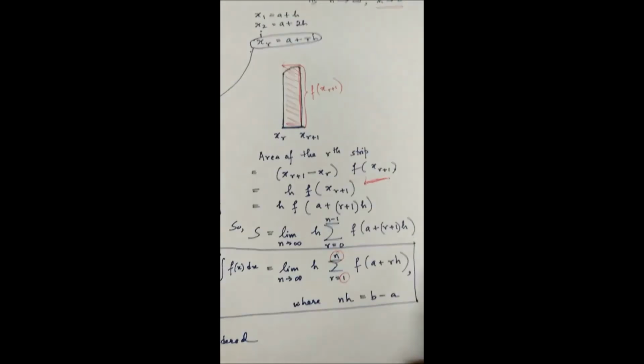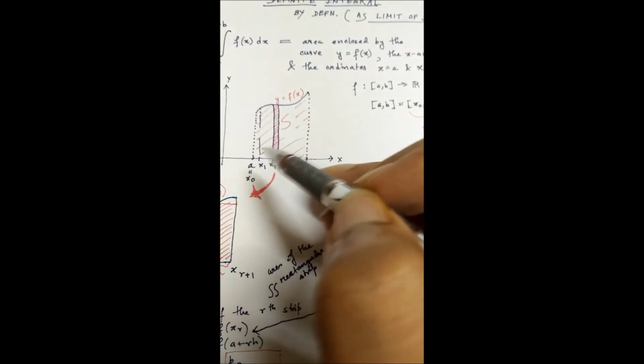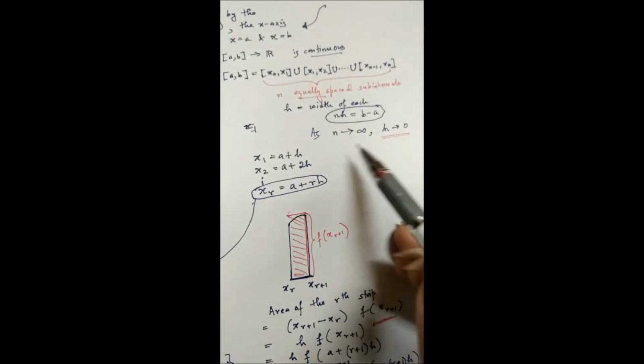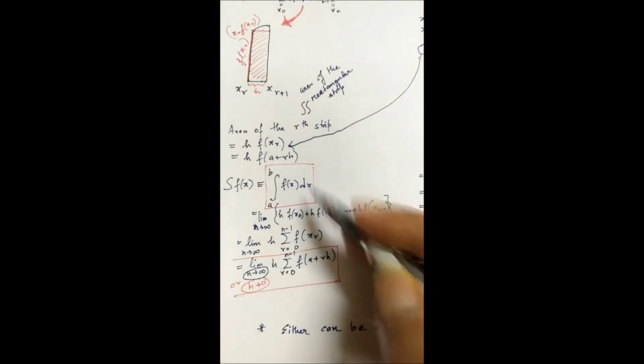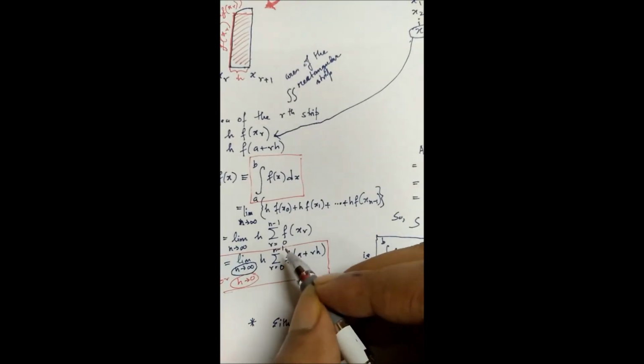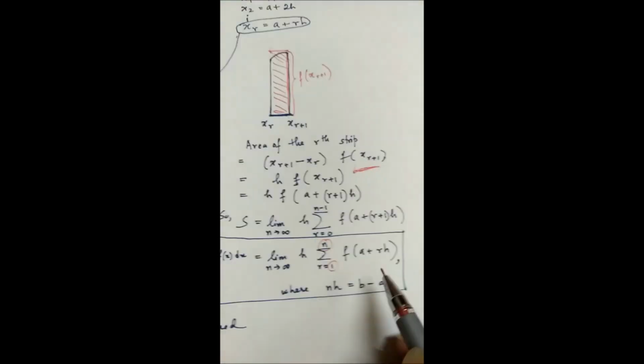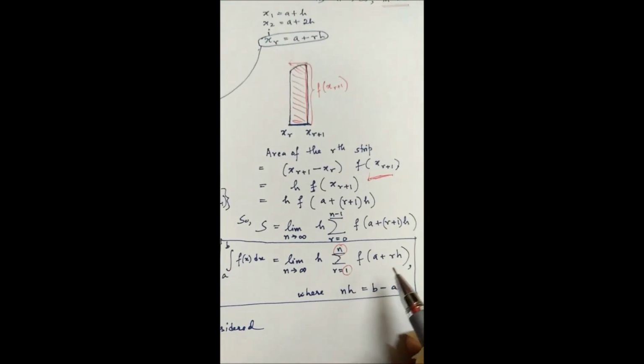But does it actually make a difference? If you look at the big picture, how many strips are there? n. And n is tending to infinity. So actually it does not make any difference at all. You can write either this, 0 to n minus 1, or this, right?